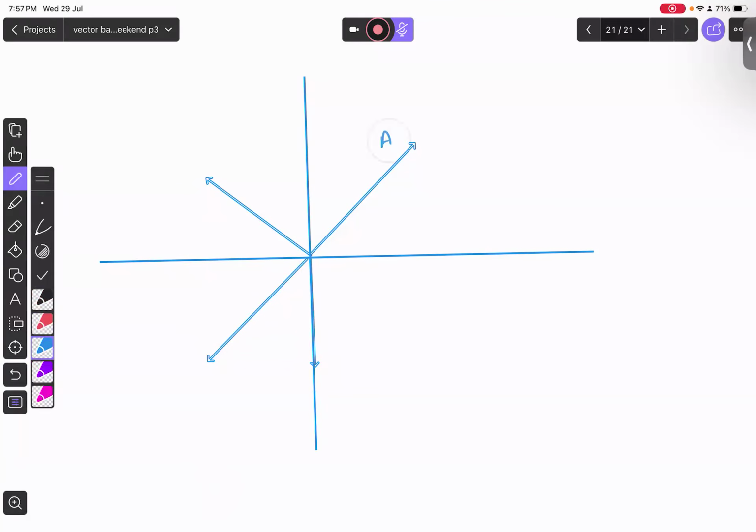This is vector A of length 20, making an angle of 53 degrees.